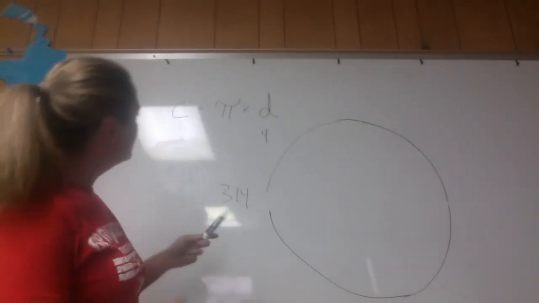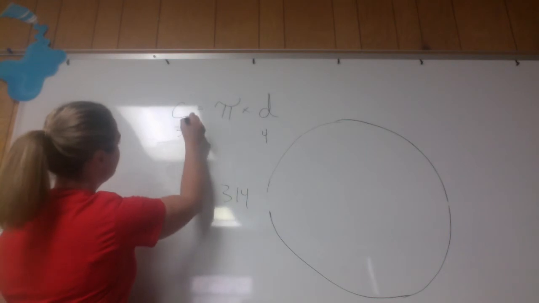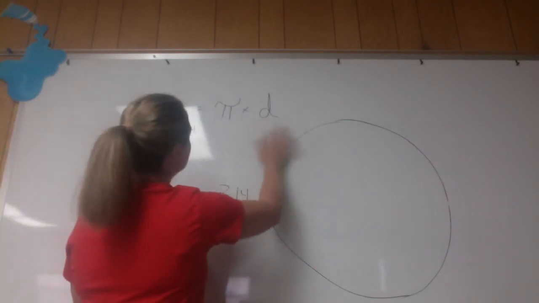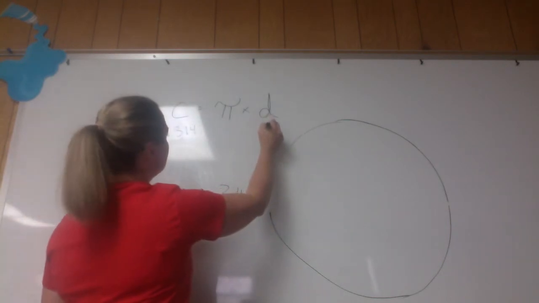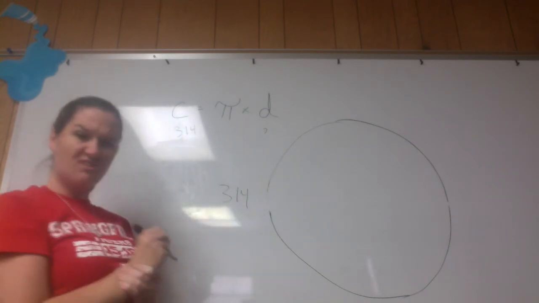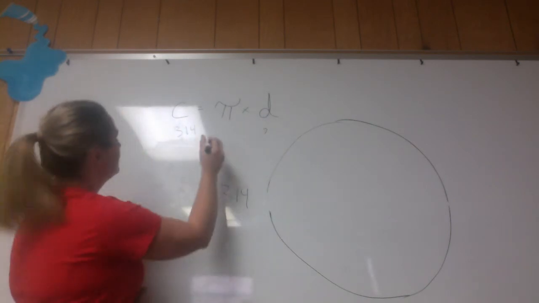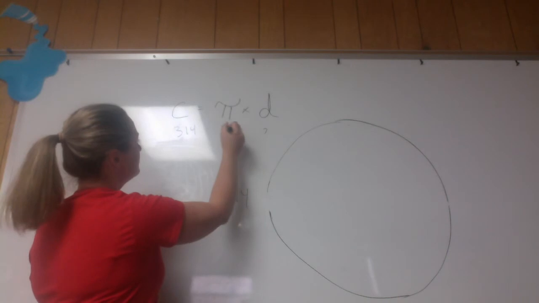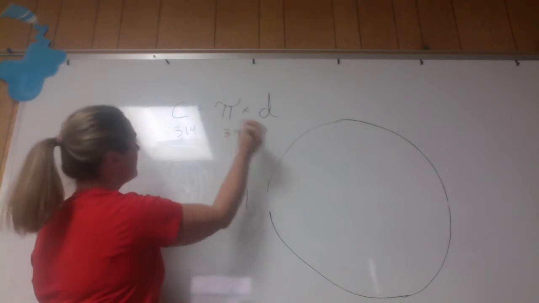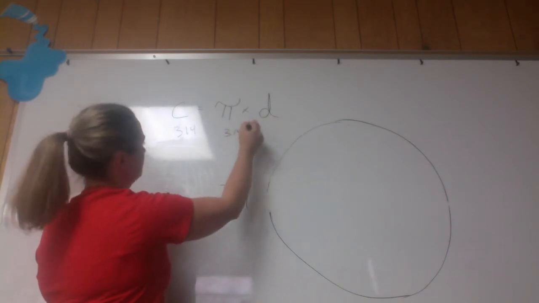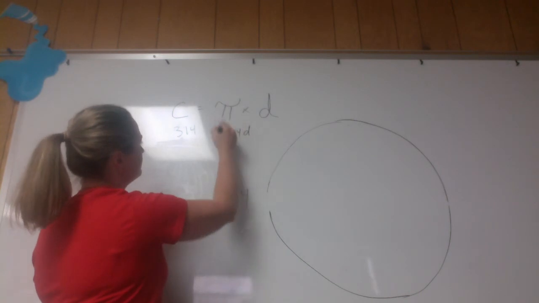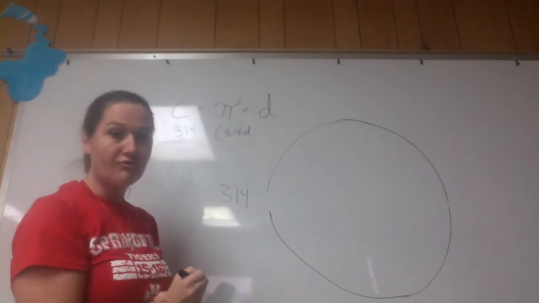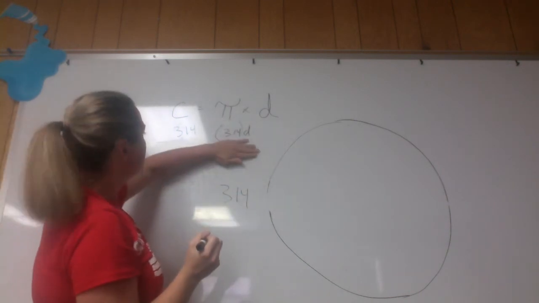All right, so in this case, we've got 314 as my circumference, and the diameter is what we don't know. Well, just think about it. We can use algebra. 314 is equal to, well, 3.14, that's pi, times d. Well, you should know from algebra, how do I solve for d?